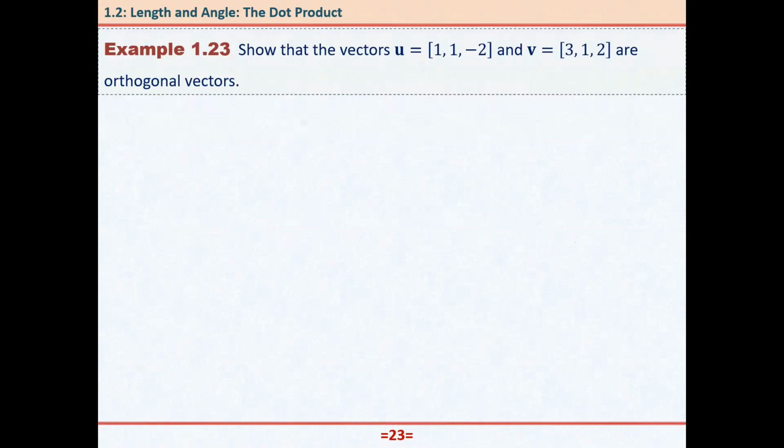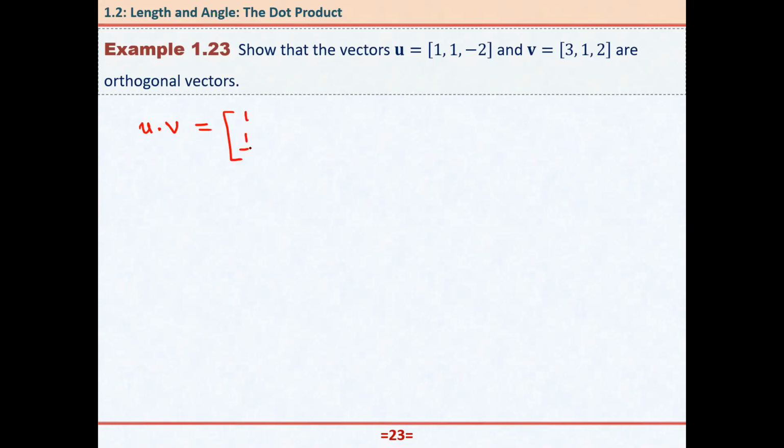Good. Show that the vectors U = (1, 1, -2) and V = (3, 1, 2) are orthogonal vectors. And how do you show that? To show this, we need to show that their dot product is equal to 0, right? What is U dot V?